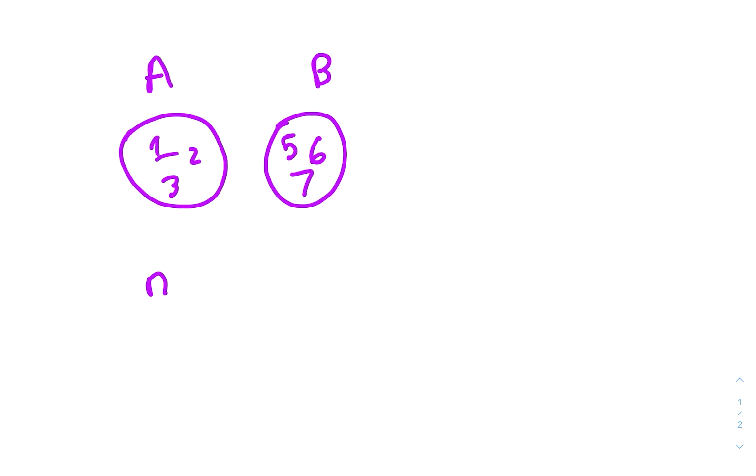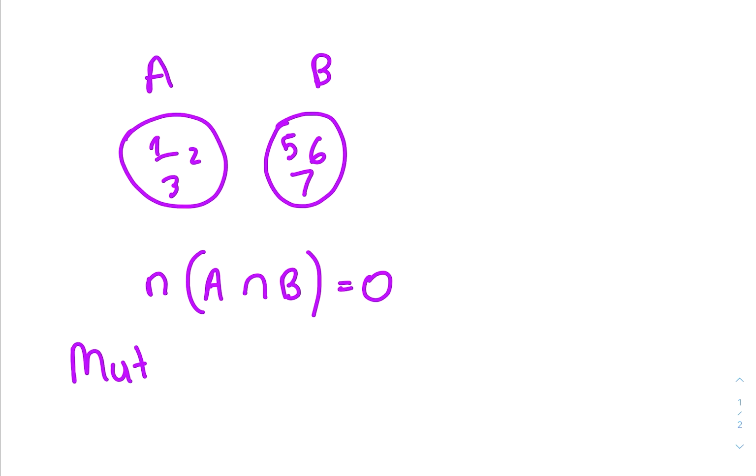Now this means that the number of A intersect B is equal to 0 because there are no elements that intersect the two sets. Therefore, these two sets can be called mutually exclusive, which means that they have no elements in common. Another name for this would also be called disjoint.